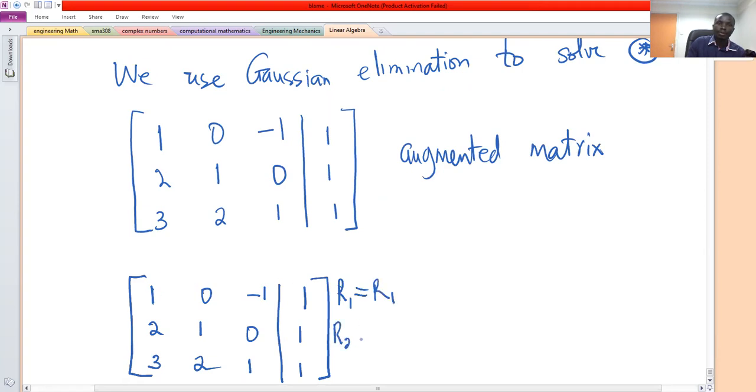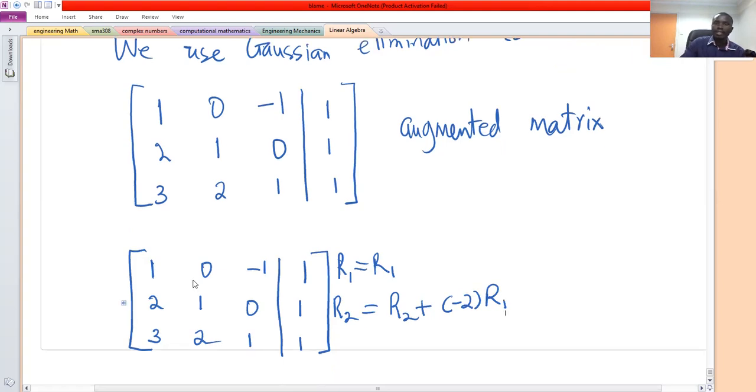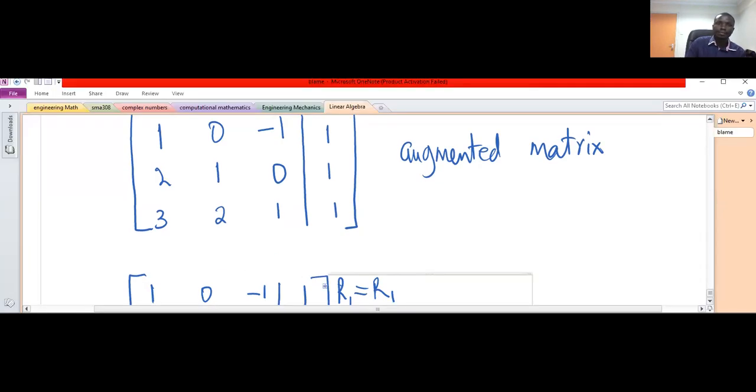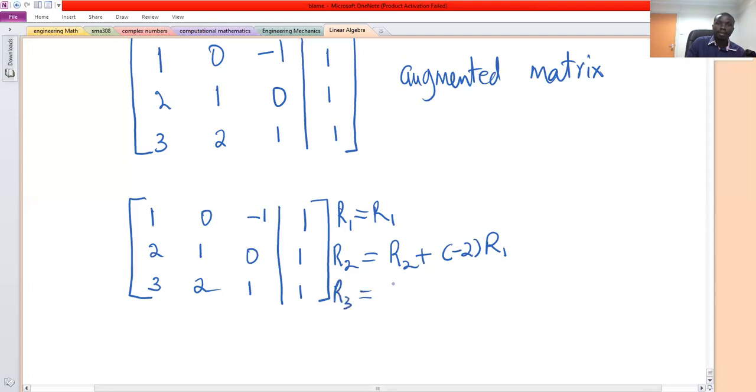For row 2, we expect this to be 0, but we use row 1 to correct it. So we say row 2 plus -2 times row 1, so that this will get 0 at this point. And then row 3 remains row 3, and to get 0 here, we say plus -3 row 1.